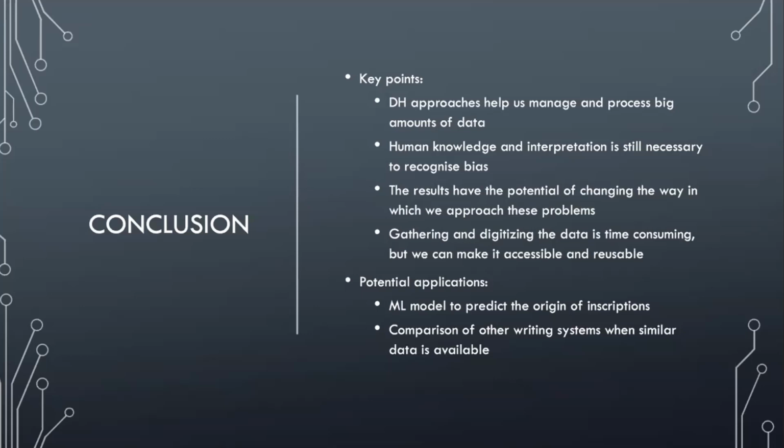Gathering and digitizing the data is the most time-consuming part of any digital humanities project. But if we make the data available and design our data sets in a reusable and accessible way, researchers all around the world could run their own experiments and the field could advance rapidly.